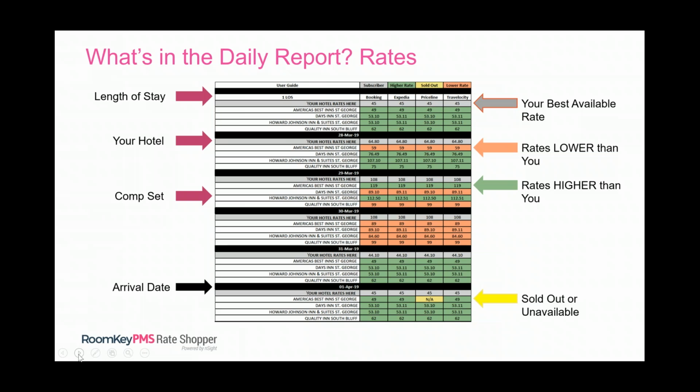As you start to scroll through your report of 90 days, it's a quick way to identify when people are starting to move their rates and how that's starting to affect your demand. Just as a quick look at this example, March 30th, your rate is higher than everyone within your comp set.